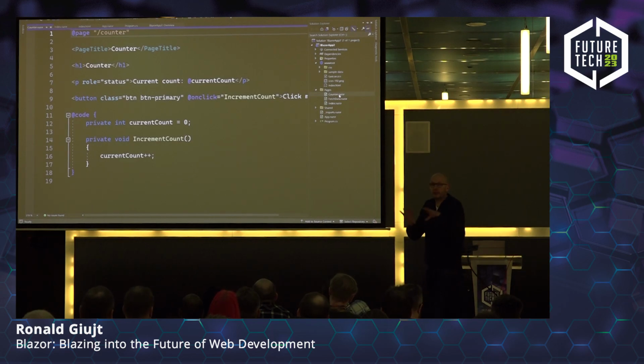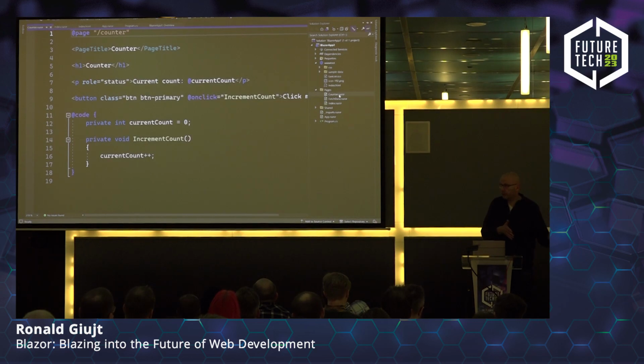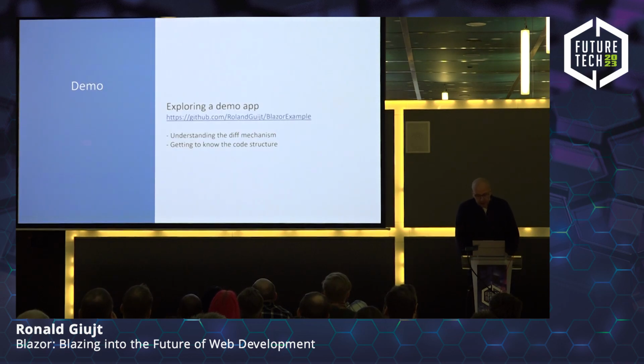The only difference is the way it starts up. The first one started up on the server, this one starts up in a browser. For the rest, the component creation is exactly the same. Cool, right? All right. Now, let's go to a more elaborate example that goes beyond hello world.